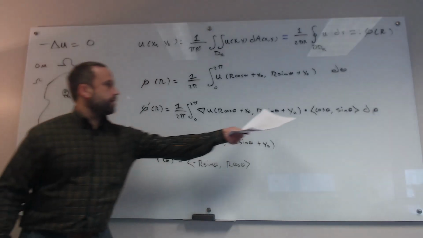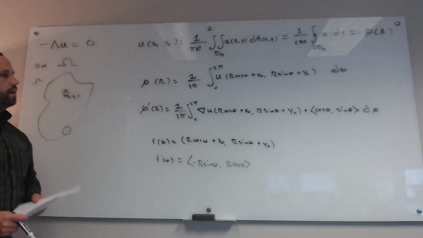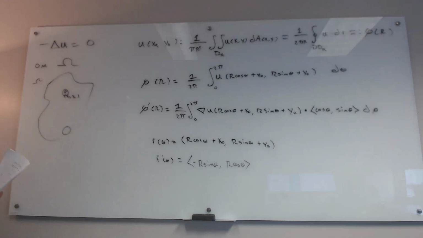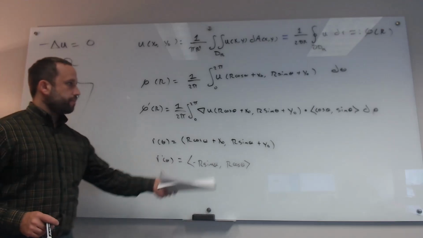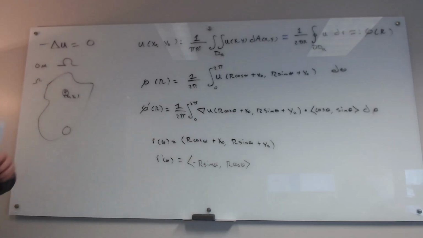This vector right there, cosine theta sine theta, is the normal vector at the point corresponding to theta. And you can confirm that by doing the dot product of those two vectors, and it's 0. The tangent and the normal vector are perpendicular to each other.